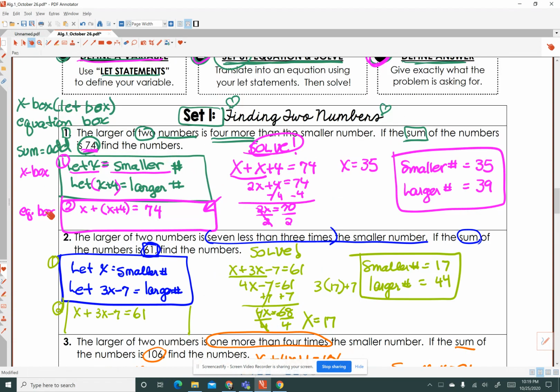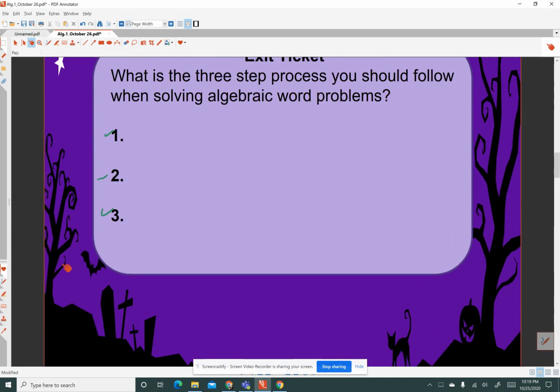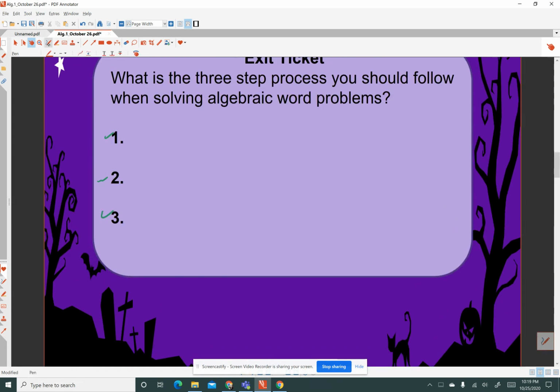Where we're asked to define the 3 steps to solving a word problem. So number 1, we want to define the variable and set up an x box. The second thing is to set up the equation and solve it.